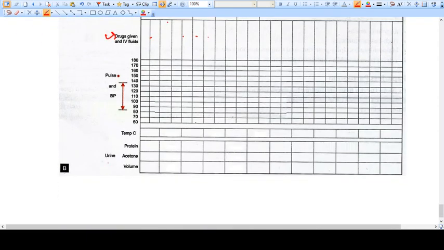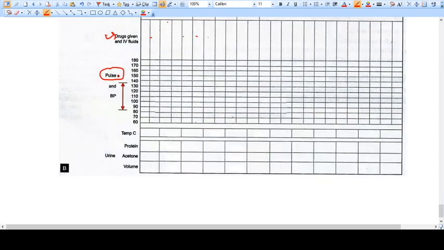Now this is the maternal vital monitoring. We put pulse and BP in this particular area. Generally we do pulse and BP every 1 hour or accordingly. When we put pulse, for example the patient's pulse is 100, then we put a dot like this.